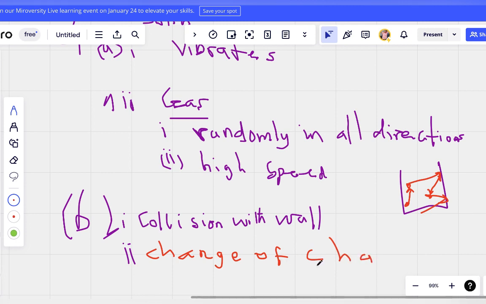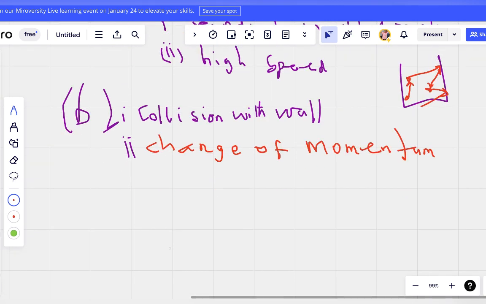There will be a change of momentum. We get our second mark.